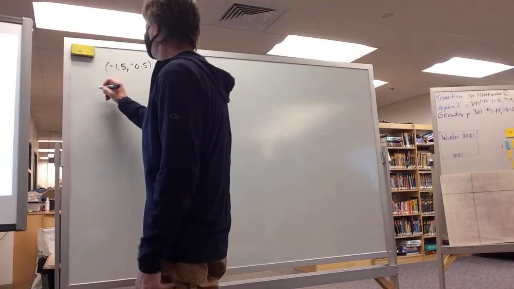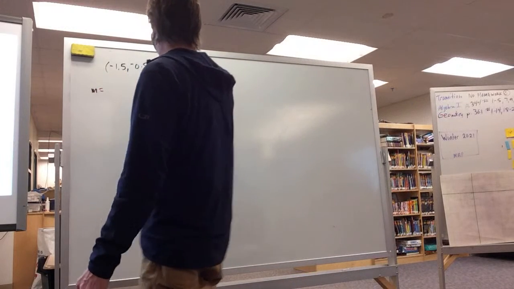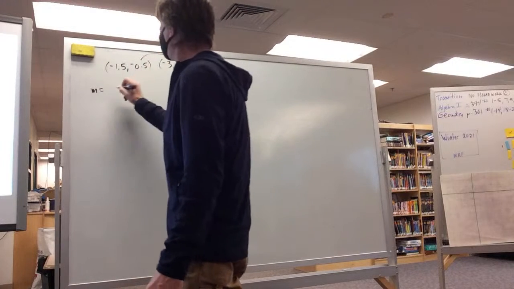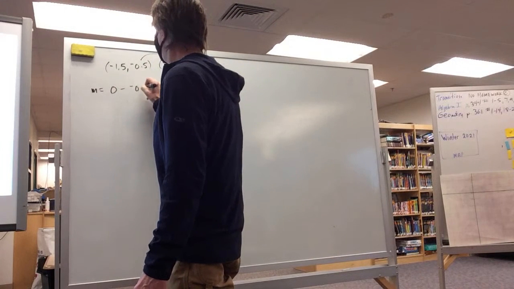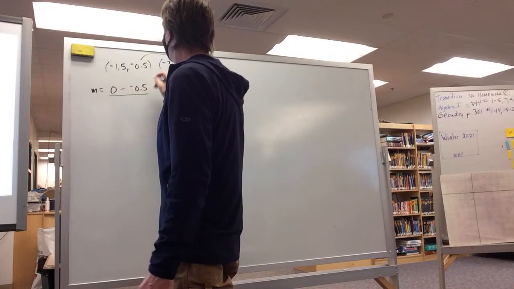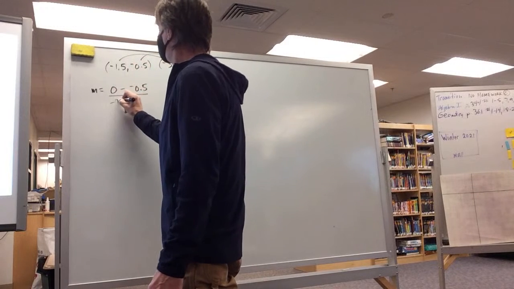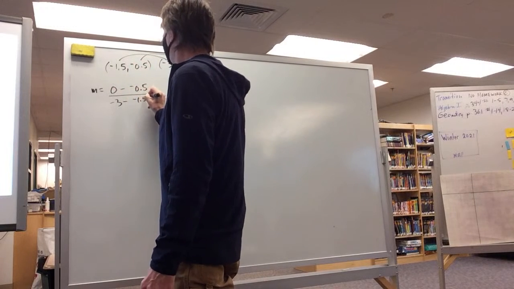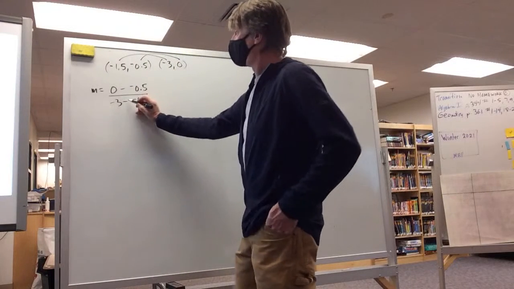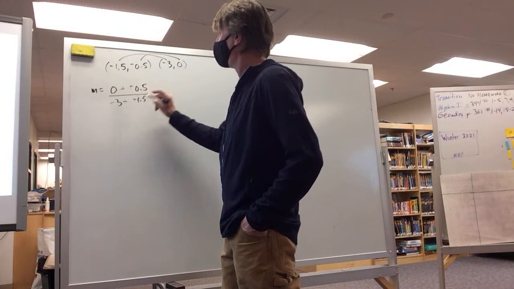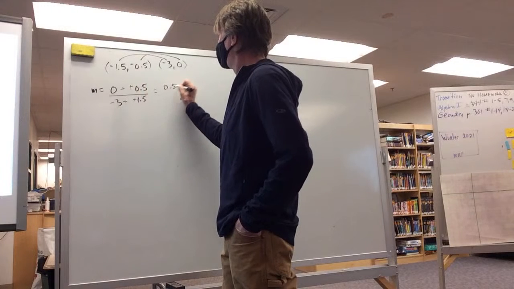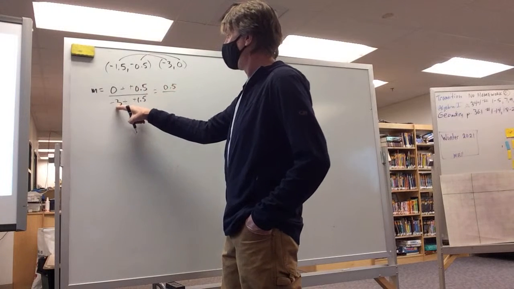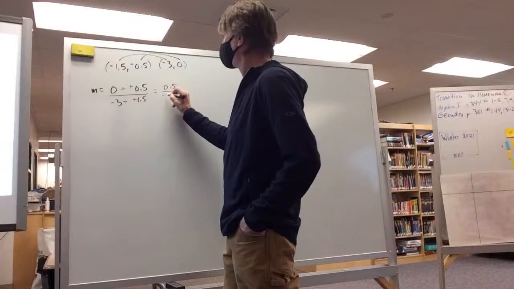In this case, the slope is 0 subtract negative 0.5, over negative 3 subtract negative 1.5. Subtracting a negative is like adding. So we have a half over negative 3 plus 1.5, which is negative 1.5.